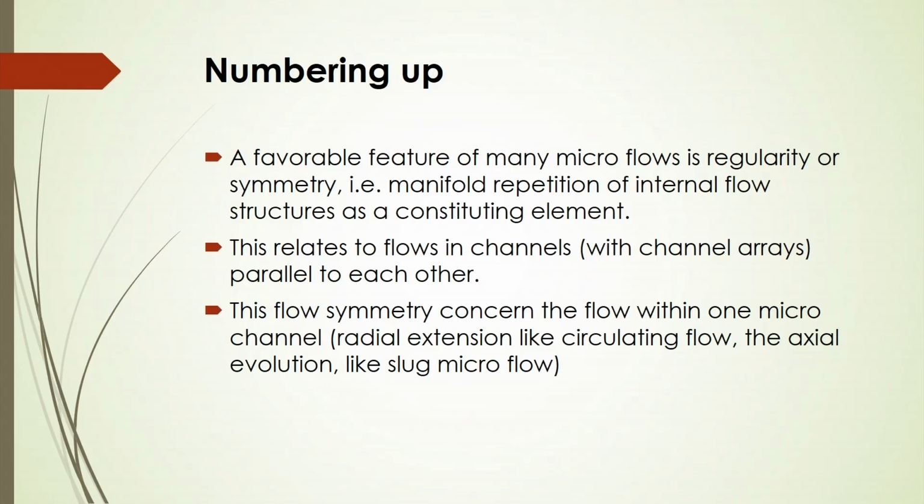But this is the advantage that you may not get radial extension of the flow when you are using a microchannel. In the case of a conventional channel, that is more than 1 millimeter, there may be internal circulation of the flow, there may be axial evolution, but whenever you are getting the slug flow, surrounding the slug flow there will be some other circulation, even some droplet formation, and there will be what is called a stagnation zone at the end of the slug flow in the channel.